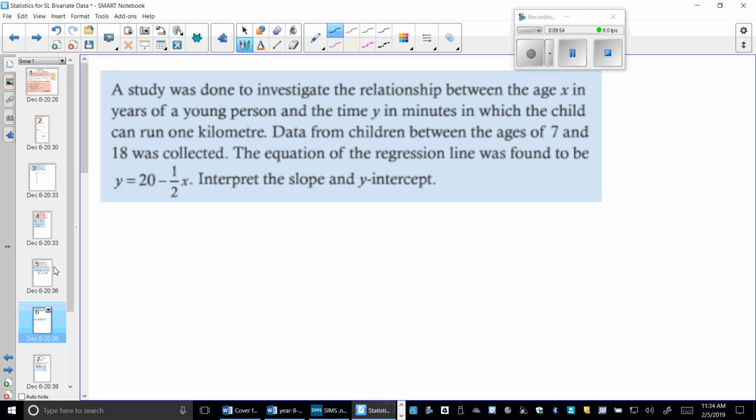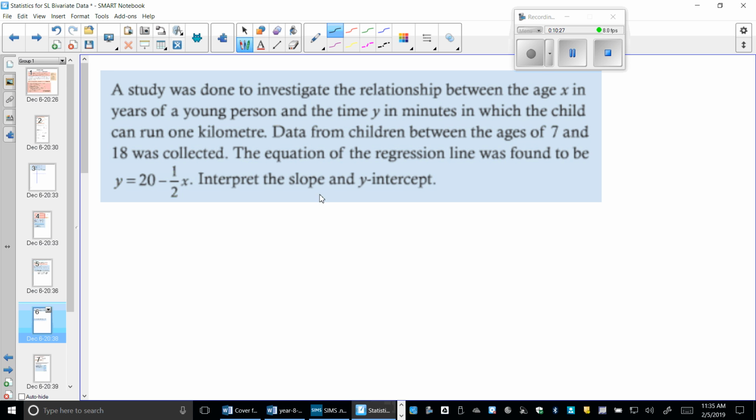Okay, so these questions sometimes send people into a bit of a tailspin, and they start telling me that it means gradient and y-intercept. But what they're asking you to do is to interpret it. Do you understand the difference? So what does our gradient tell us about this particular situation?